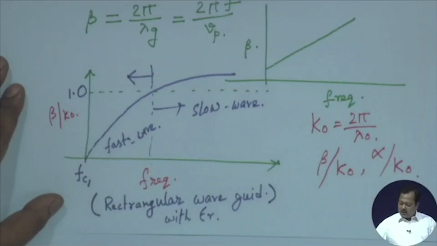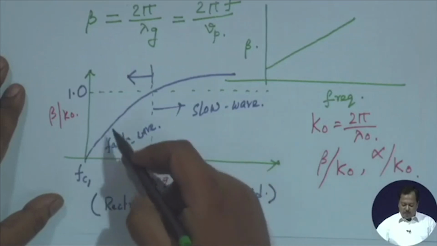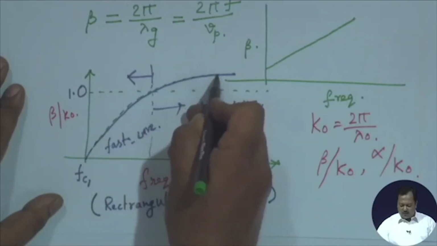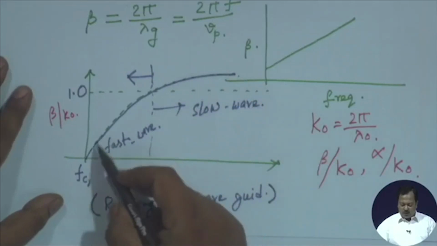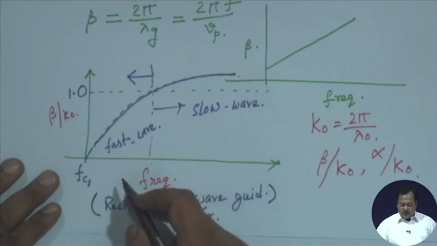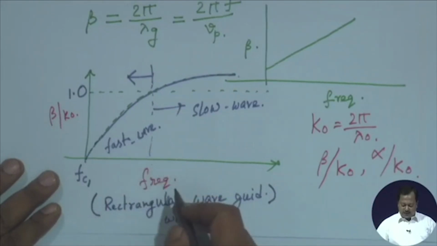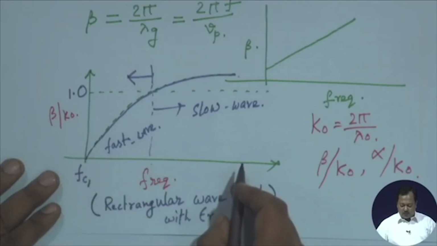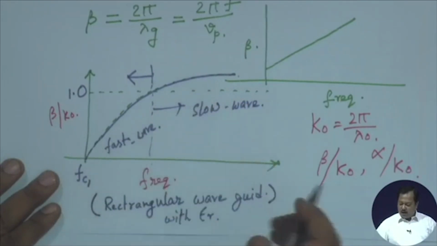Ideally it should be a straight line, but since it is changing with frequency, that means it is dispersive. How dispersive this line is, we can understand from that beta by k naught plot. So, you see why this dispersion diagram is so important.